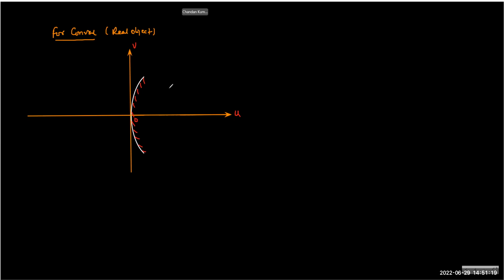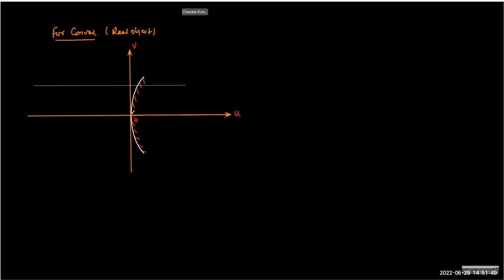And if you are at infinity, the image will be at f, and that to be virtual. We know that the only thing we can expect is virtual. So now, how the graph will look like?